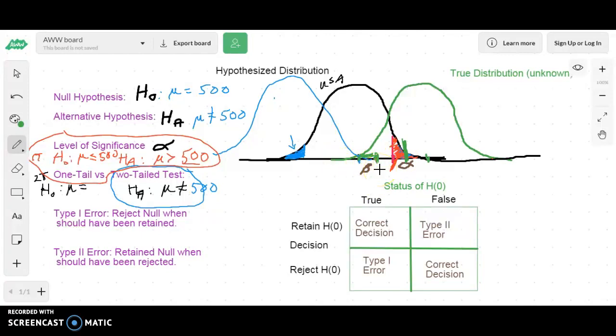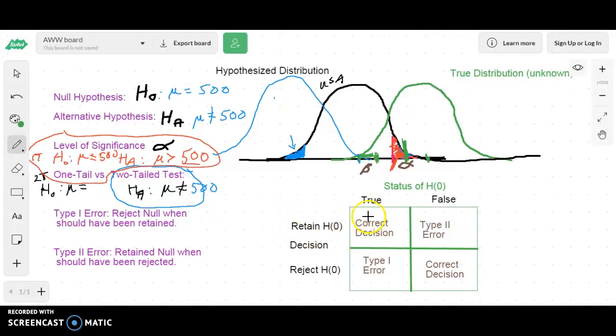All right, now, here's the problem. We still don't know what the true distribution is for all of New Jersey. So one of 4 things is happening here. Either 1, the state of New Jersey has a normal curve the same as the United States, and we get a sample that allows us to retain the null hypothesis.